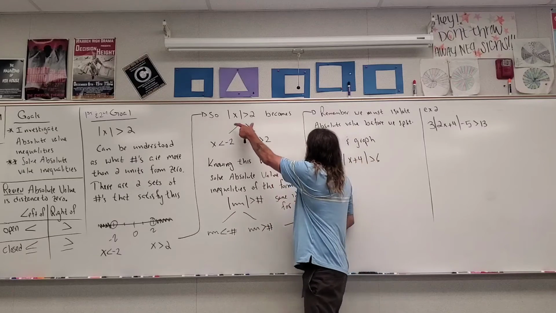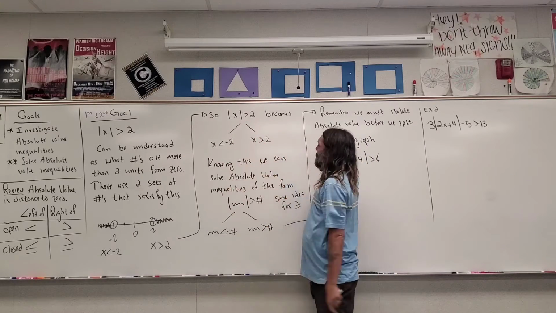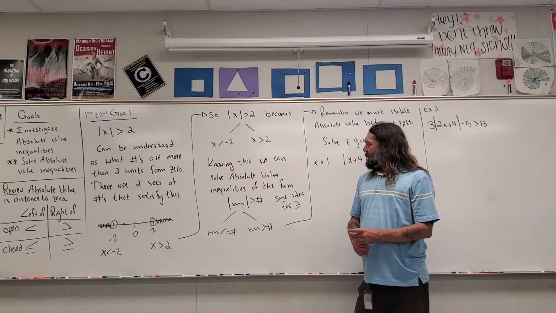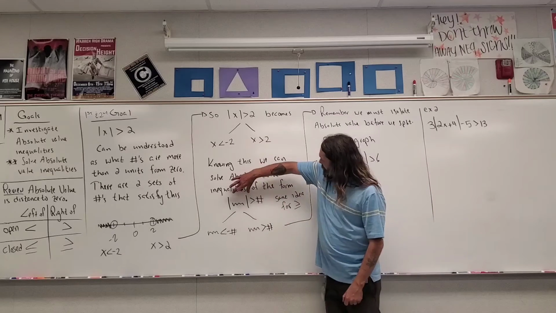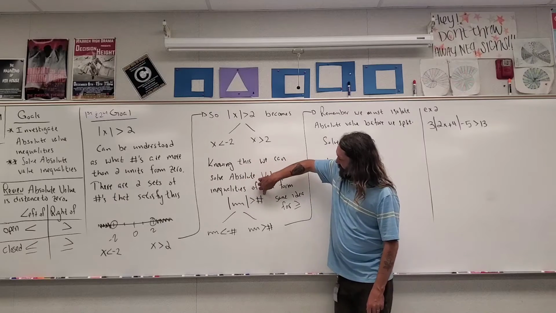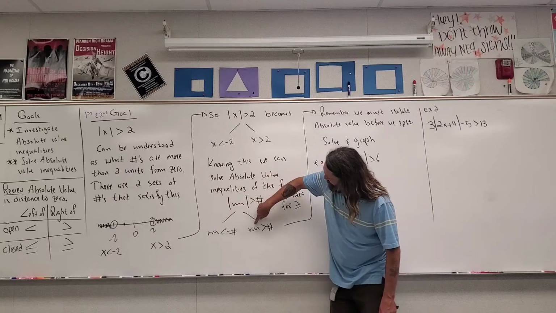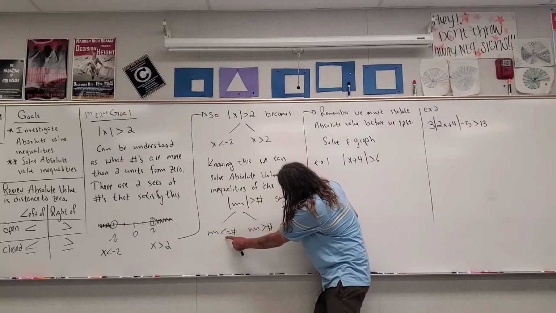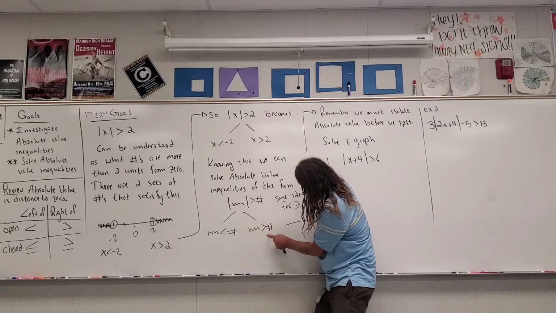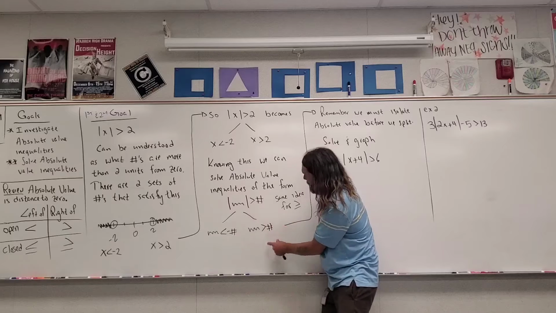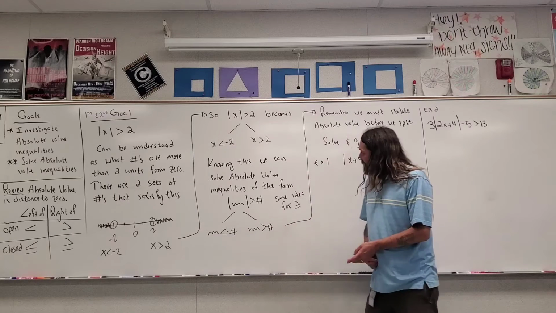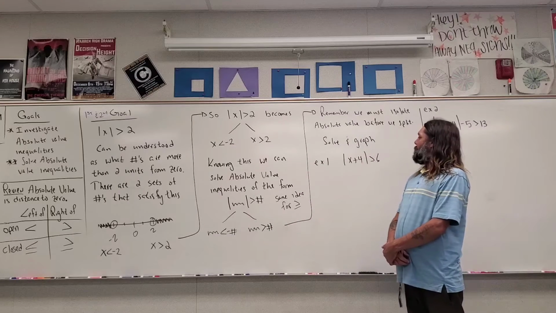Knowing that this can turn into this form, we can now solve absolute value inequalities of the form absolute value of something greater than a positive number. It splits, whatever is inside remains the same. On one side it becomes less than the opposite of that number, and on the other side it stays exactly the same. So if we follow this format, we should be able to solve absolute value inequalities of that form.